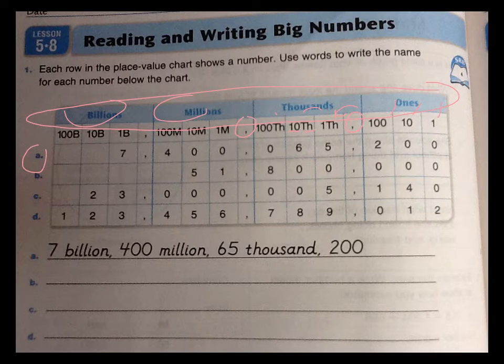So, for example, letter A, they give you your digits here, 7,400,065,200. Your job is to write this out in words. So they wrote 7 billion, 400 million, 65,200. You're going to do the same thing with B, C, and D.